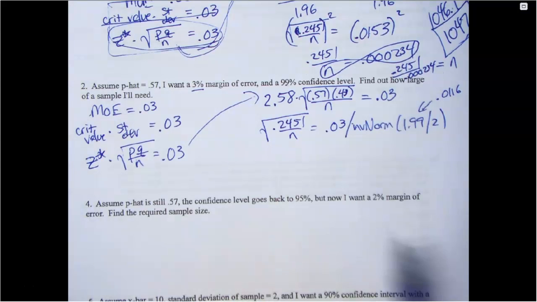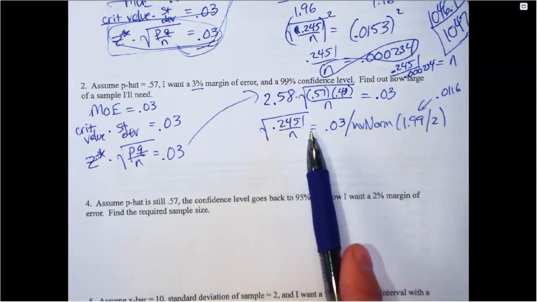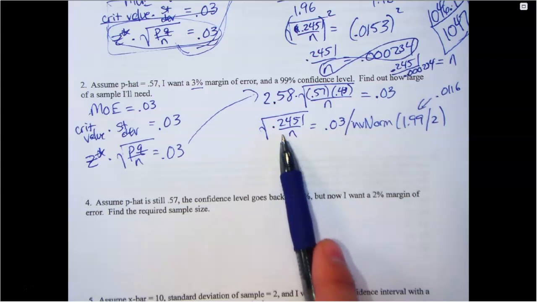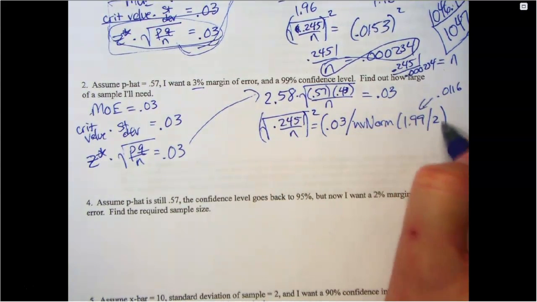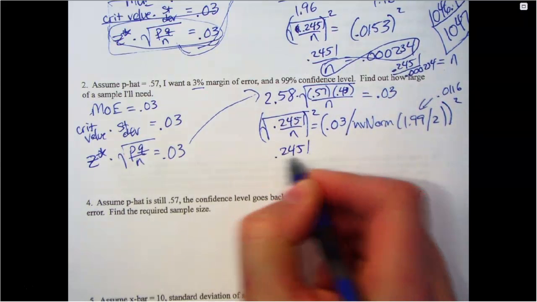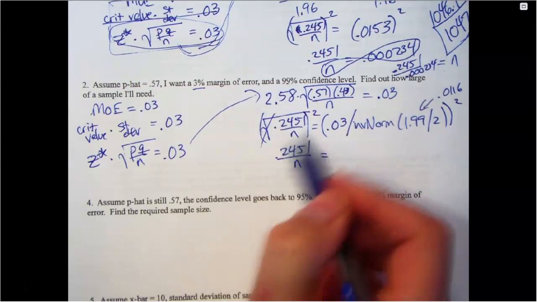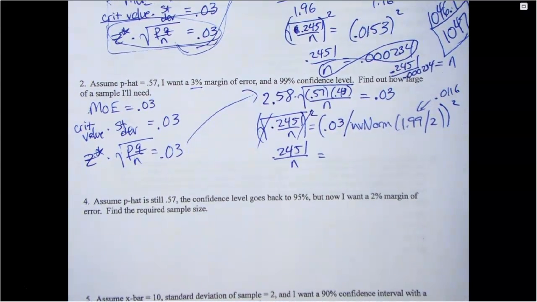Then whatever it is, what's the next thing I'm going to do to both sides? I'm going to square it, because I've got to get this N out from under the square root. I'm going to square the left-hand side, and squaring the square root, they just wipe each other out.